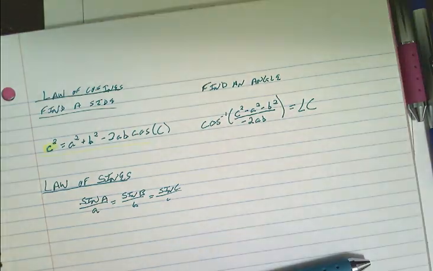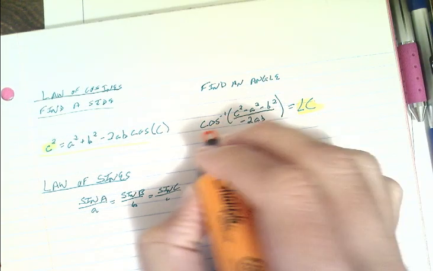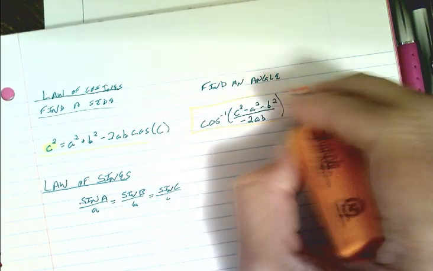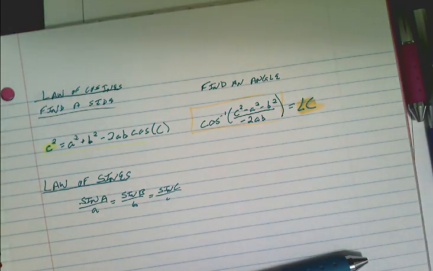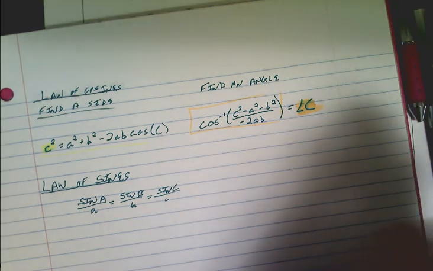And if we need to find an angle, in this case the angle C, we will use this version right here. And then also we have law of sines, which is just a bunch of ratios, and we will reference this for this study guide. So with that, let's get started onto the first page.